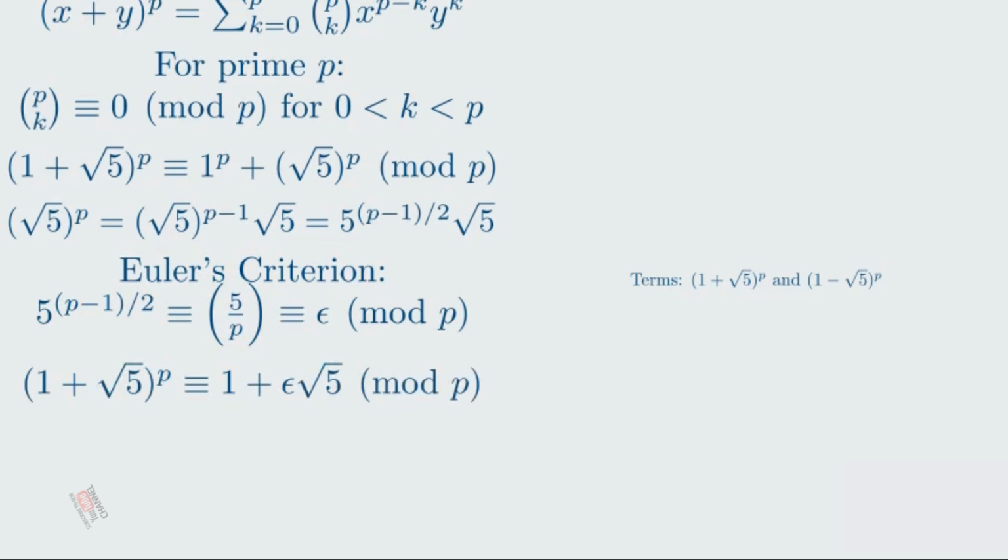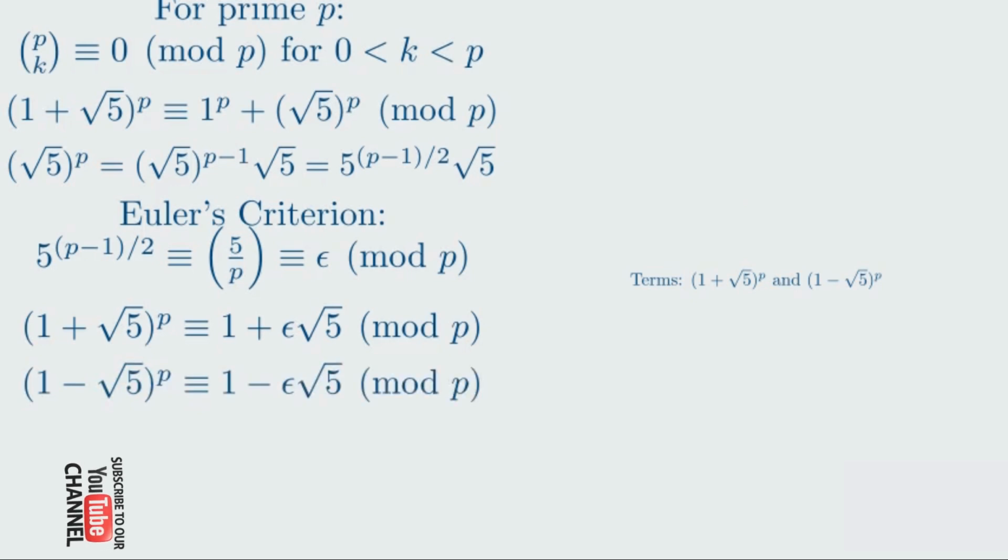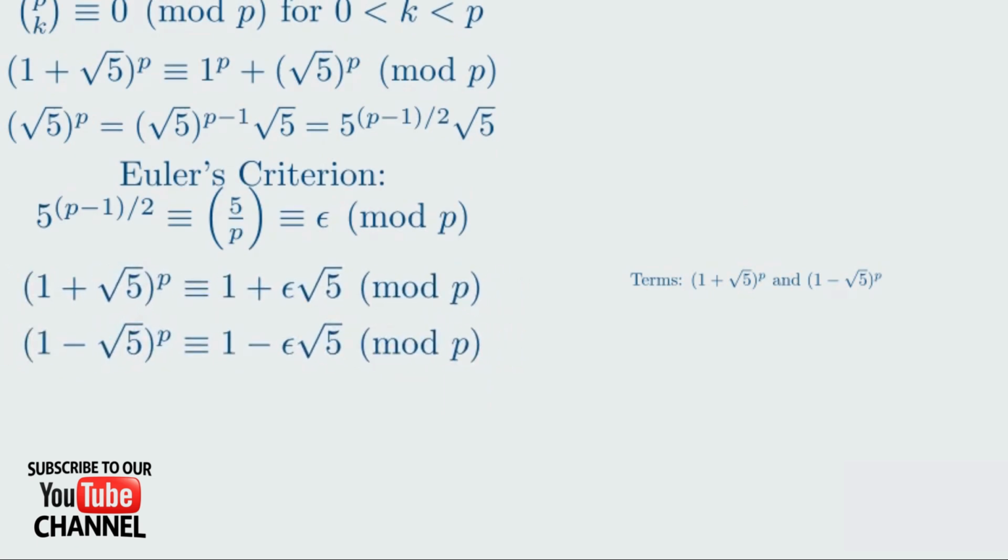Substituting this back, we find that the quantity 1 plus the square root of 5 to the power of p is congruent to 1 plus epsilon times the square root of 5 modulo p. By the exact same logic, the conjugate expression 1 minus the square root of 5 to the power of p is congruent to 1 minus epsilon times the square root of 5 modulo p. Take a moment to think about how cleanly the prime modulus simplifies these massive expansions.